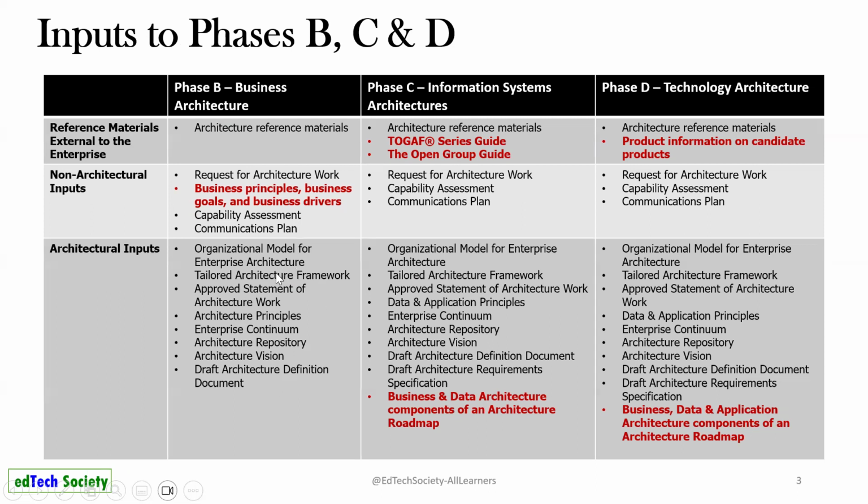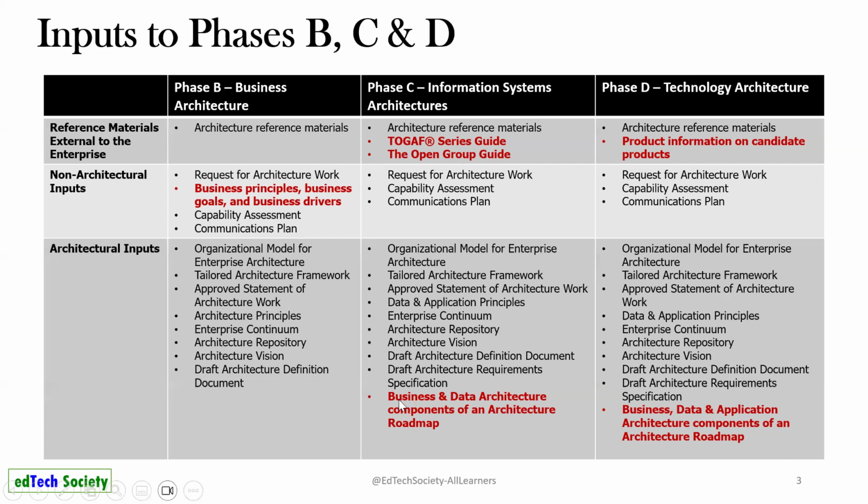This is quite a list, but please try to remember as much as possible, because some of these points are very crucial and important for both exams, the foundation as well as the practitioner. Similarly for phase C and D, the inputs are pretty much the same. The only differences are highlighted here, like the TOGAF series guide and the Open Group guide.